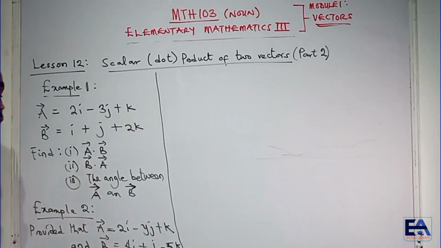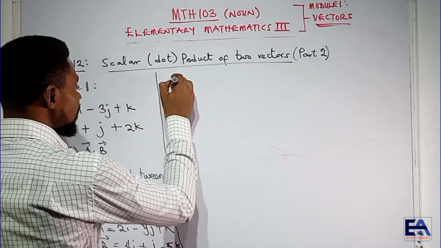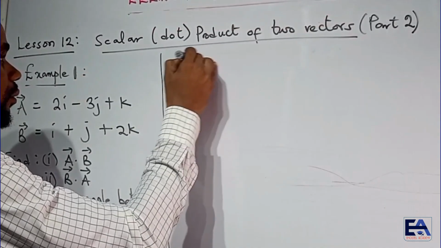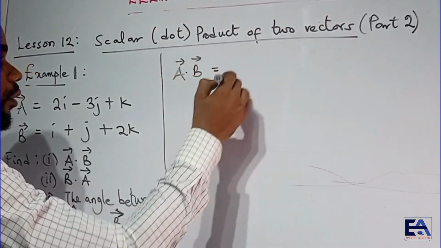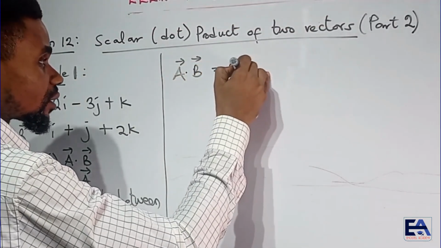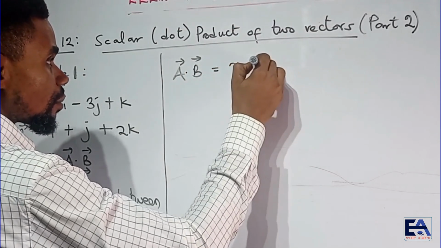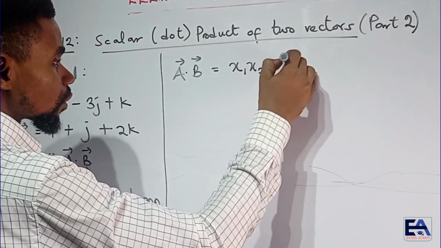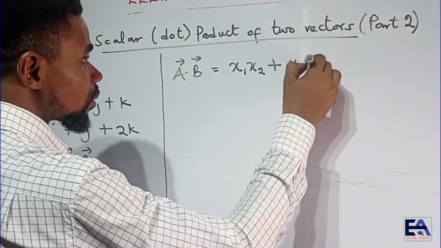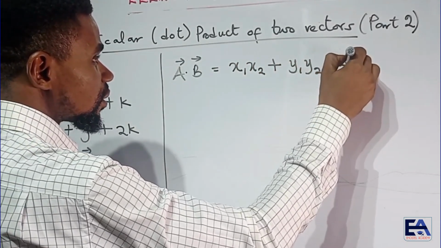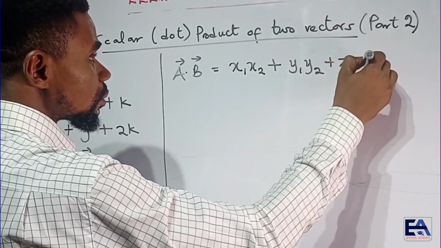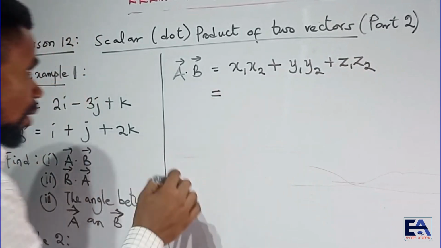So remember that formula, the formula which says that A dot B is going to be equal to the x components of the first vector, x1, x2, then plus what? y1, y2, plus z1, z2. So we are going to just apply those dots.